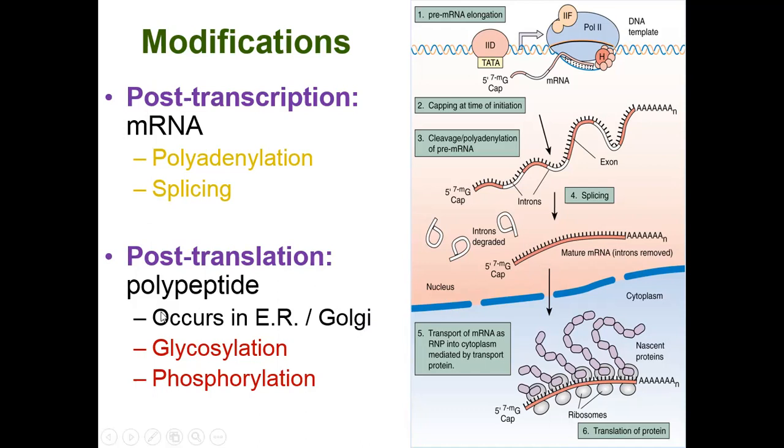These modifications include addition of a glucose moiety, glycosylation, phosphorylation, and other modifications such as acetylation, methylation, and ubiquitination. These are some of the post-translational modifications that happen to the proteins.